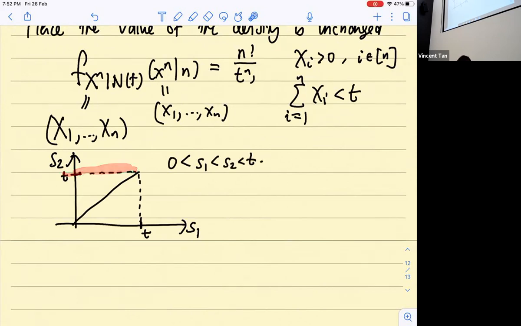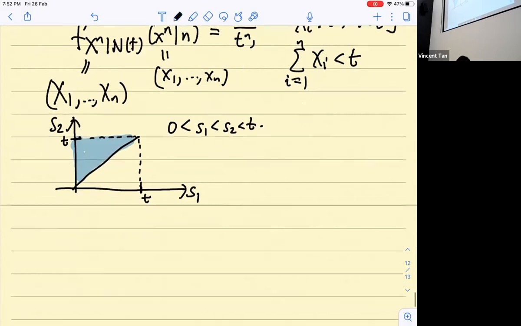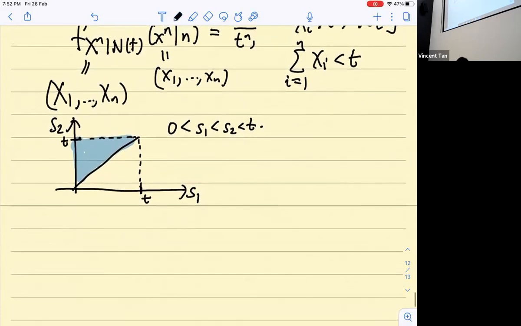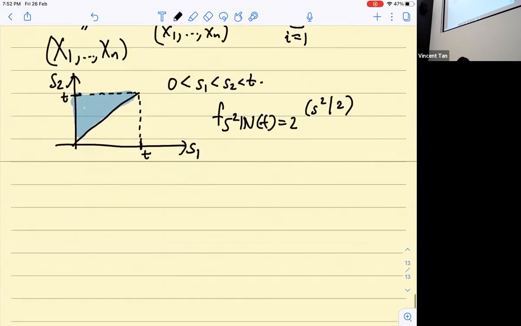So where is S1 smaller than S2? Here. So this is the region in which we are positive for the S process, and this is where the density of S2 given N equals 2 is positive, all right?